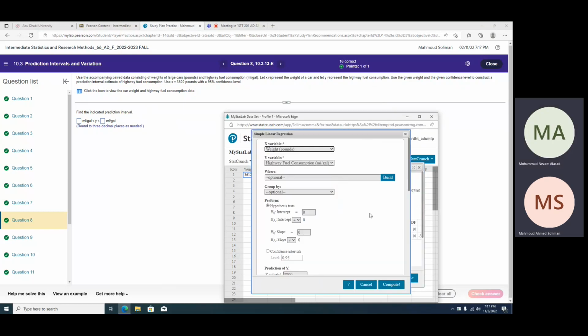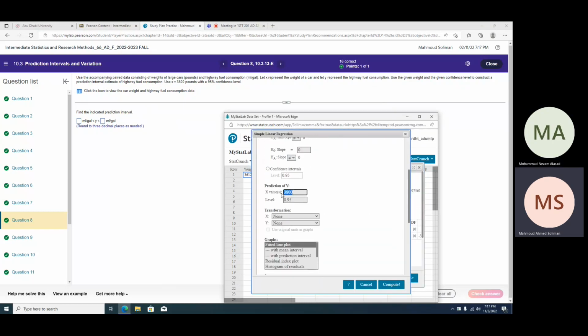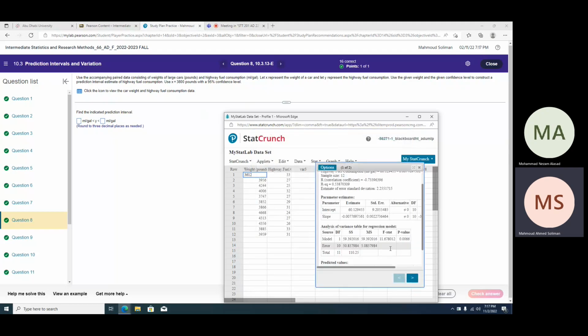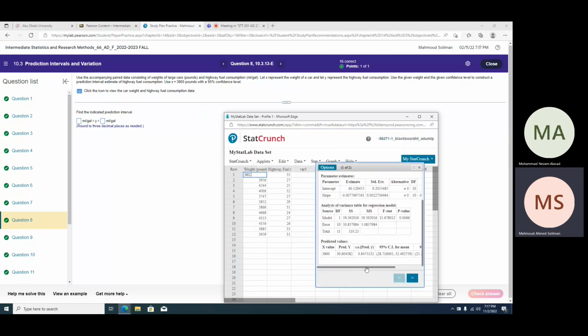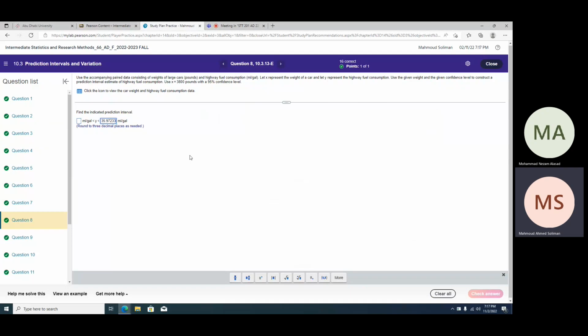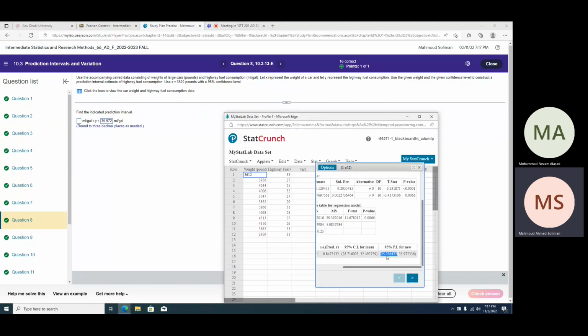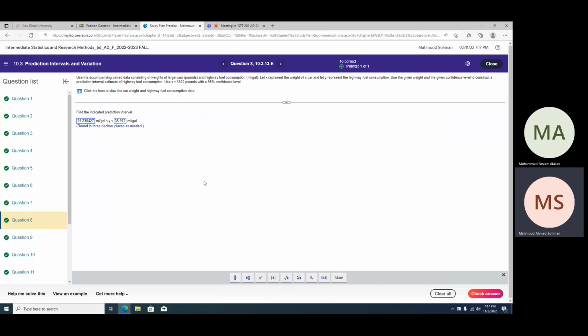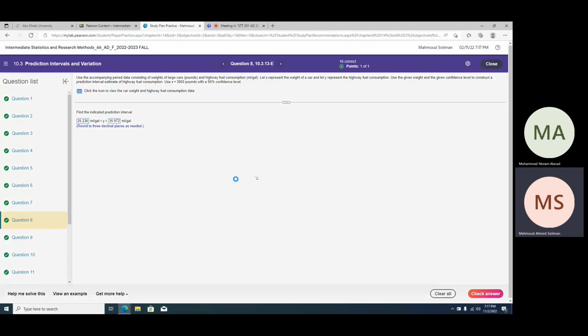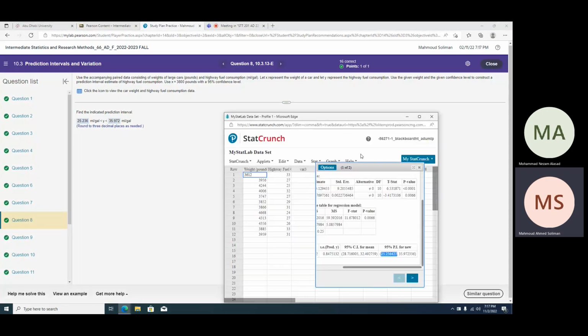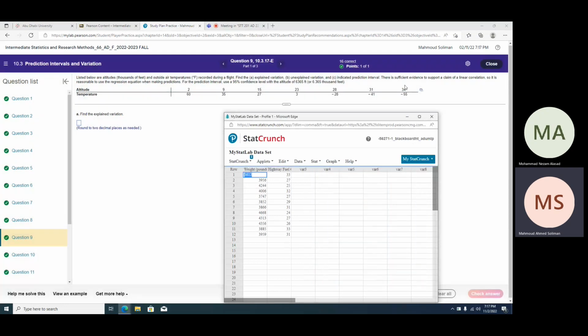So we put the x value here, 3,800. Then we put the confidence level, 95. Compute. Then go down and look for PI, which is prediction interval. Copy, paste, 3 decimals. That's it. Go to another question.